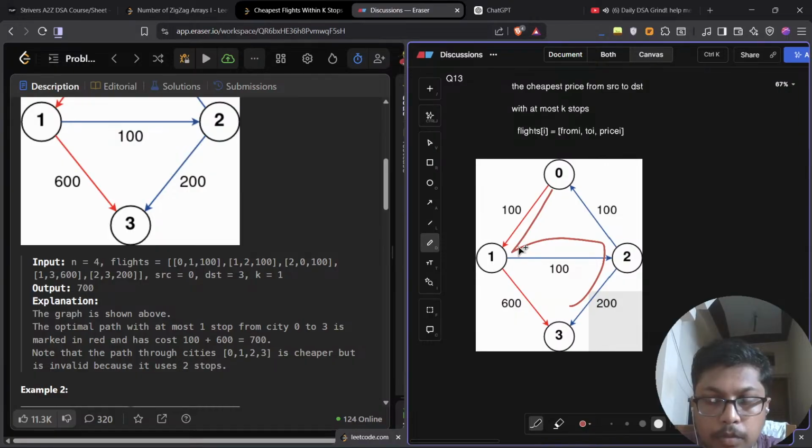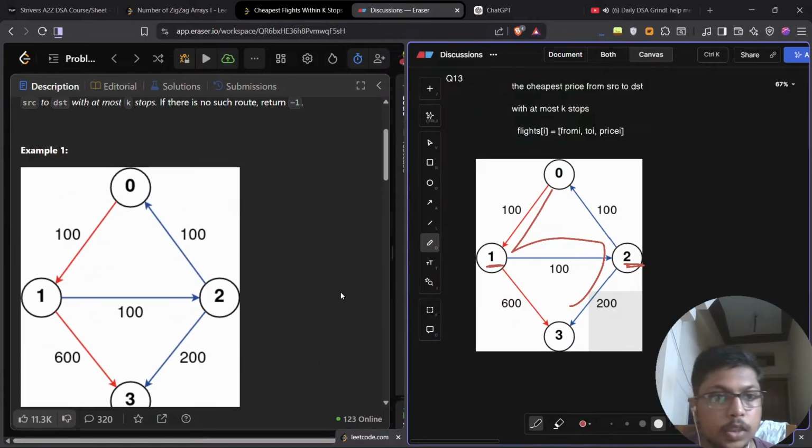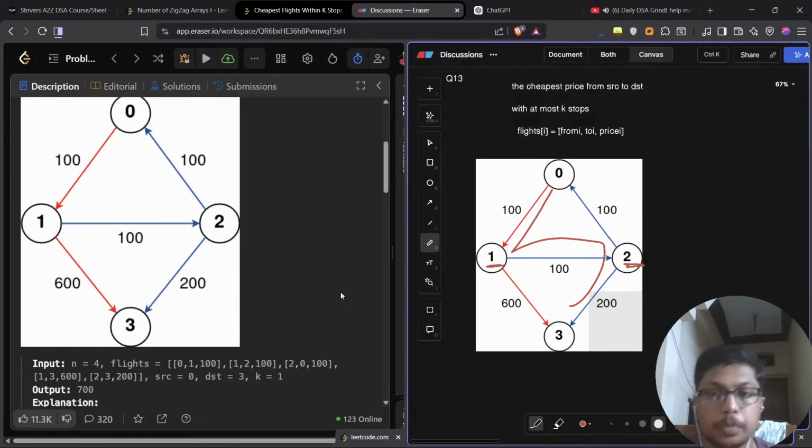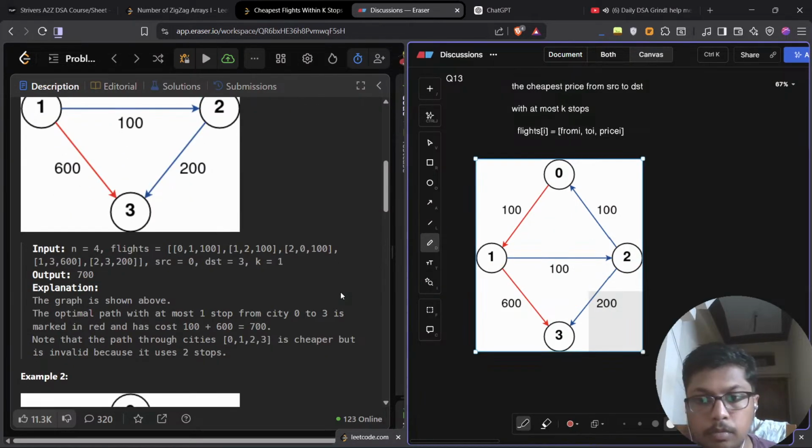Remember, we are making a stop at a node, so the number of intermediate nodes you would be visiting is said to be the stops. This condition is given so that you stop exploring those paths in a DSA algorithm.